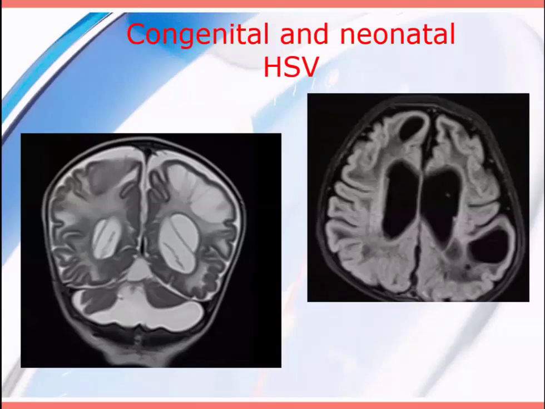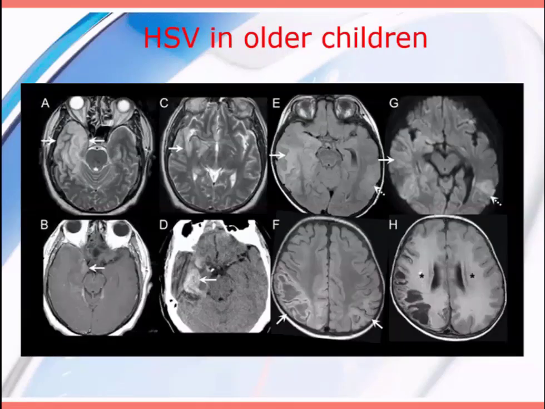Also, it may be due to hypoxic ischemic insult healing, but it's not that extensive. So extensive encephalomalacia everywhere and white matter damage usually suggest herpes simplex virus.